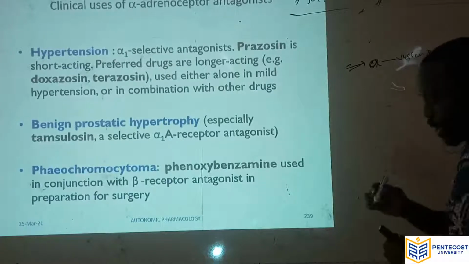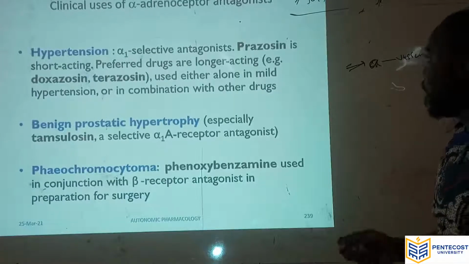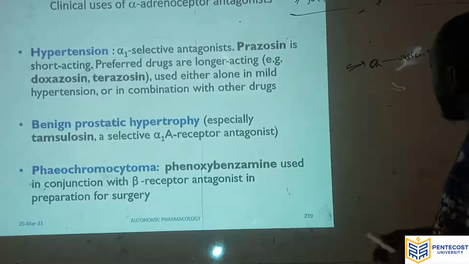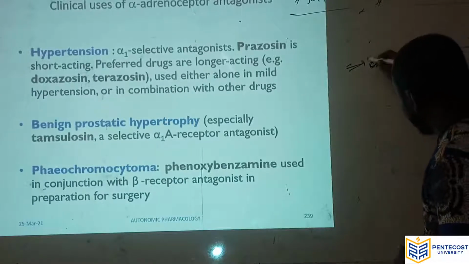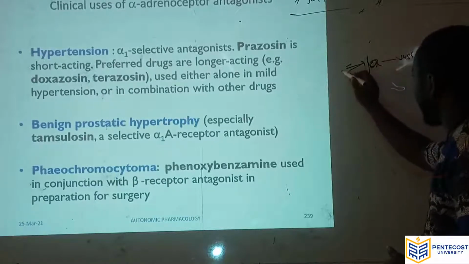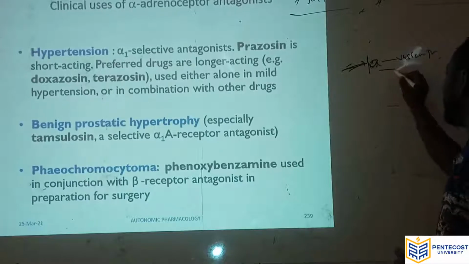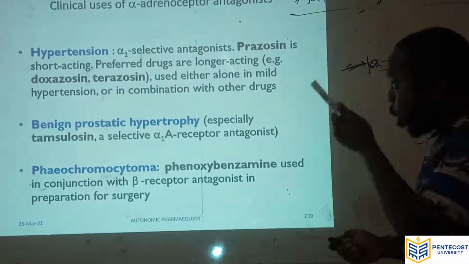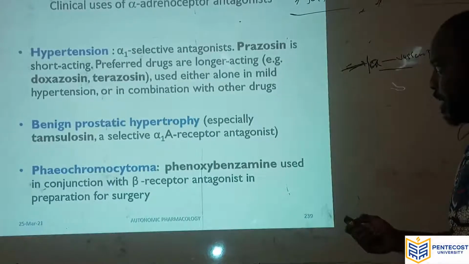So your blood vessels are going to be constricted. What happens when we prevent adrenaline from activating alpha 1? If we block here and adrenaline does not activate, that means your vessels are going to dilate. So we have drugs called prazosin, doxazosin, terazosin.